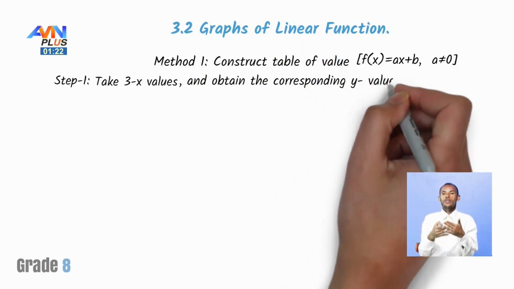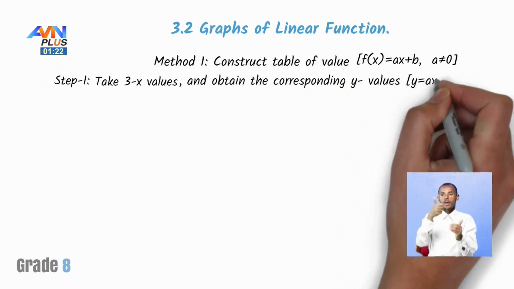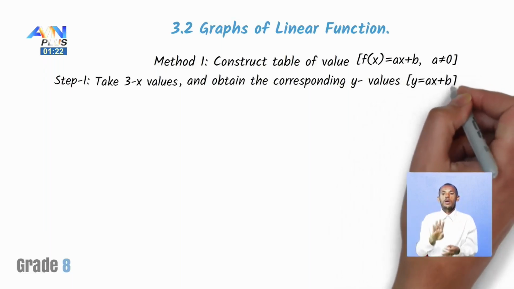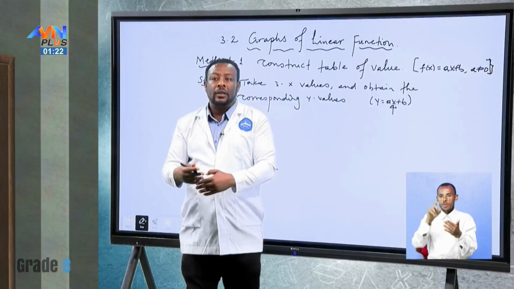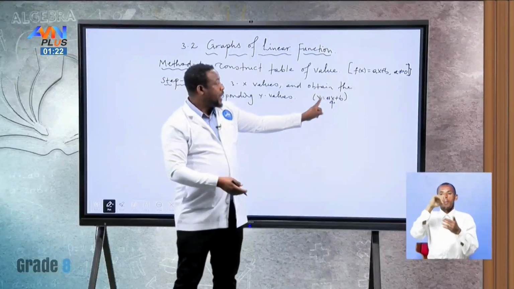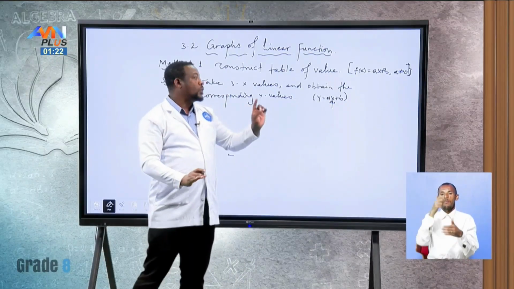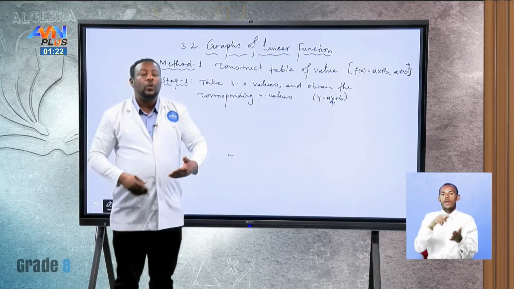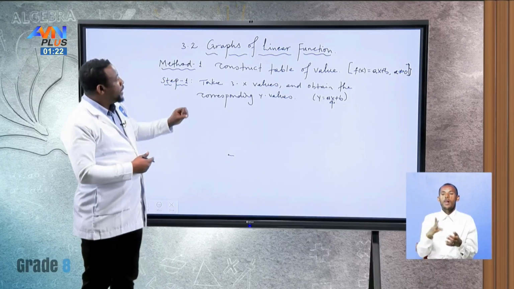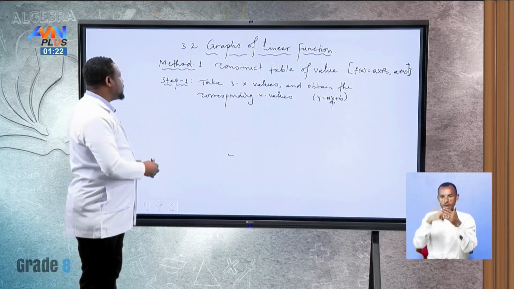Here f of x means y, and y equals ax plus b. Whenever you plug different x values here, you will get y values, because a and b are certain known constant values. So for each of those 3 points of x, we will obtain a certain unique y value, right? So this is the first step.